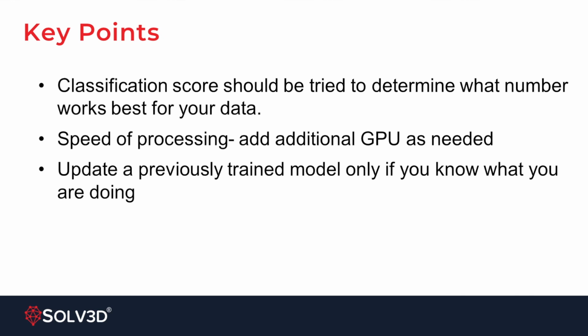Most notably, adding more GPU processing power almost always will help, but there are some other things that you can do. And finally, I have to note that if you're going to update a previously trained model, you should only do so if you're really familiar with deep learning and what can adversely and positively affect that trained model.